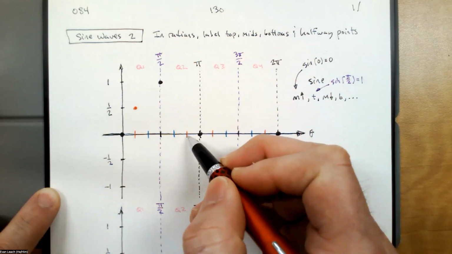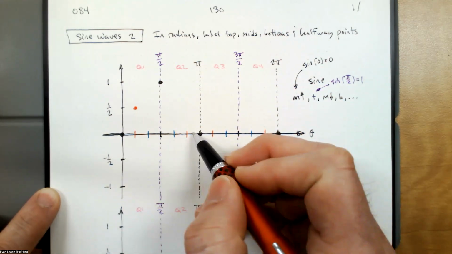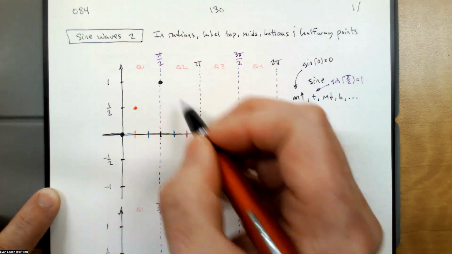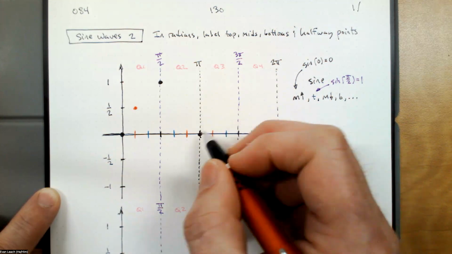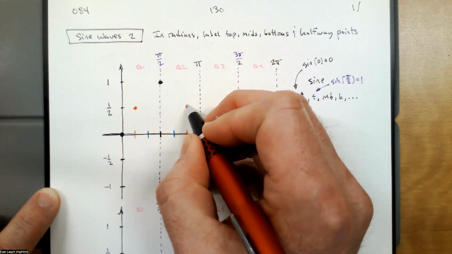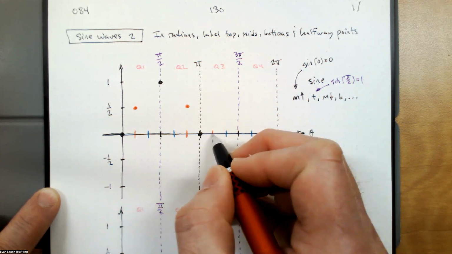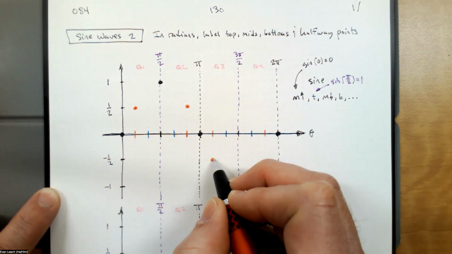And then here's 1/3 of the way in the second quadrant, 1/3 of the way from 2/3 of the way towards the third quadrant, is where we cross a half again. Pi is our middle crossing, so -1/3 and +1/3 is where we get the 1/2.